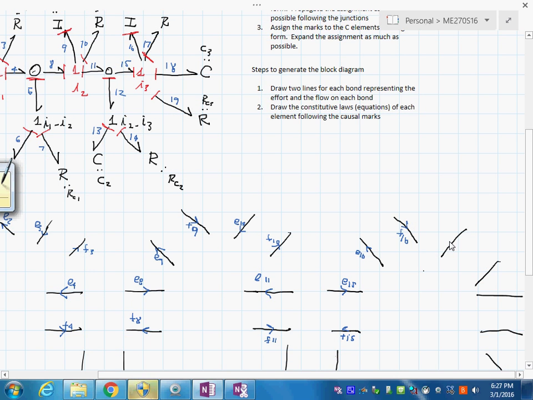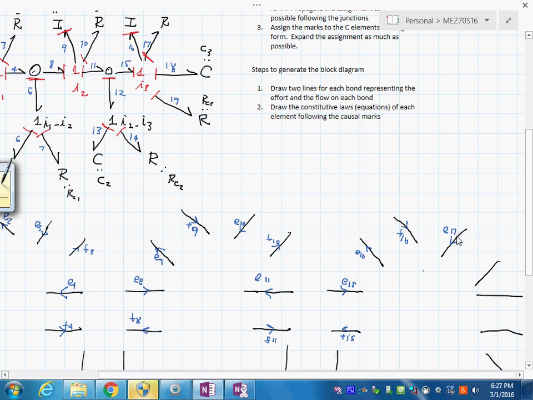And then you have E13 in here, where the effort is this way and flow is F13, and the one over there on the 14, you see that the effort E14 is on the left, then flow F14 on the right hand side this way.